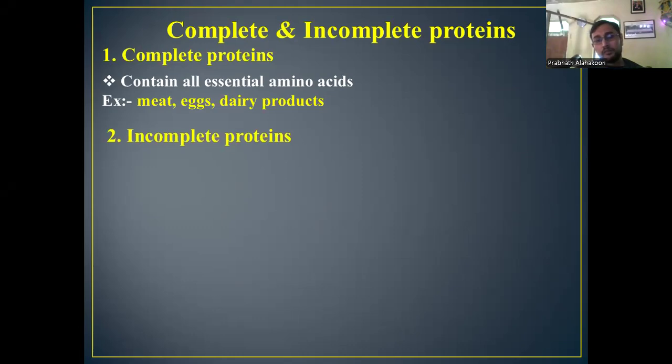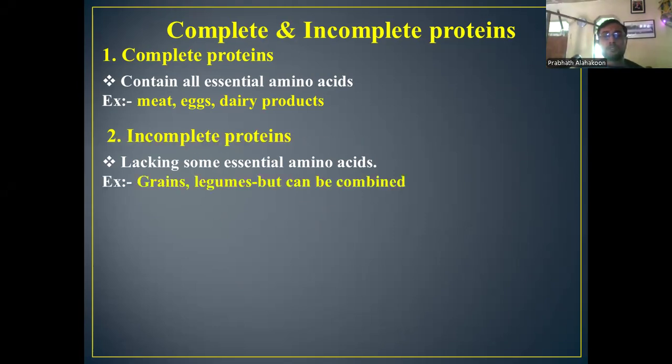Another protein type is incomplete proteins. Incomplete proteins are lacking some essential amino acids. Examples of incomplete proteins are grains, legumes, but they can be combined.